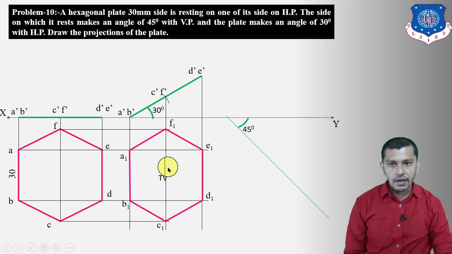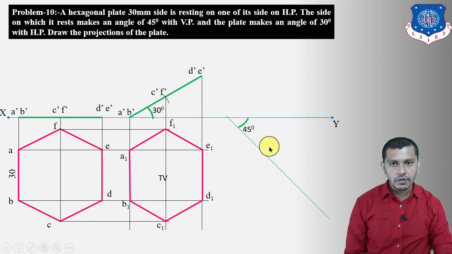And if we incline F1C1, the angle of A1B1, F1C1 and E1D1 will remain same, because all these lines are parallel to each other. So if the angle of A1B1 is 45 degree, F1C1 will remain 45 degree and E1D1 will remain 45 degree in the third stage.